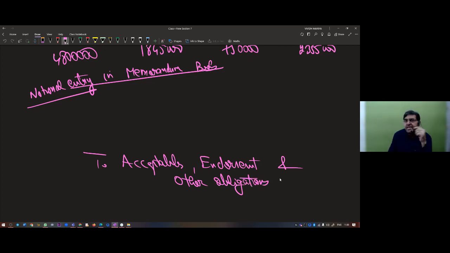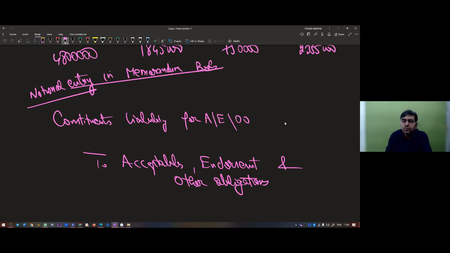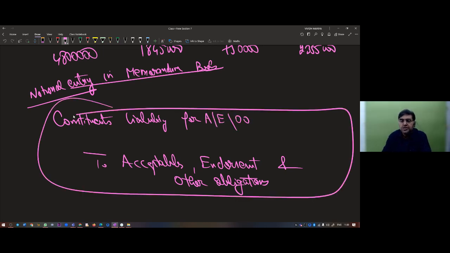And if you create a liability, you have the right to recover from the customer constituents. Constituent means customer here. It's not our liability, it's the liability of the customer. Constituents liability for acceptances, endorsements, and other obligations. So debit versus credit. The message is loud and clear.